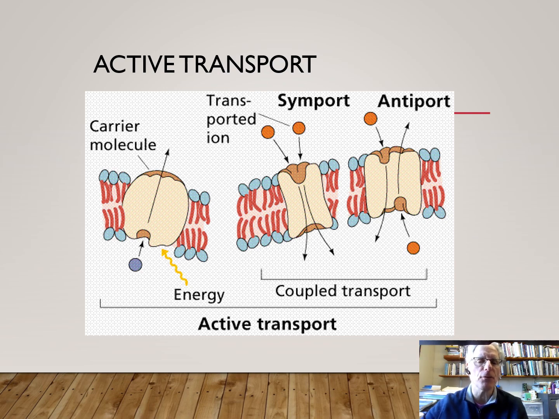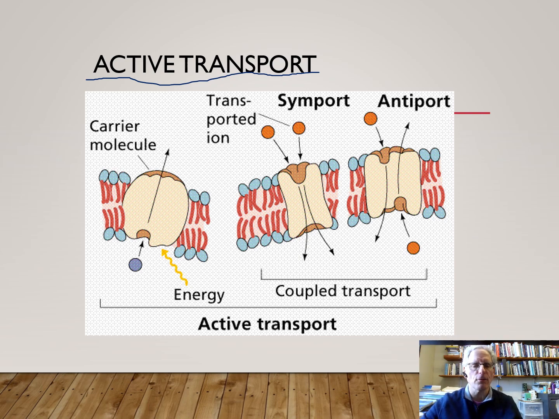If cells have to give up energy to bring something into the cell, that's called active transport. If the cell does not have to give up energy, that's called passive diffusion. Or in some cases, passive transport, because cells can take up some small molecules by something that does require a carrier. That's called facilitated diffusion. But shown here, if cells have to output energy to get it, that's active transport. There's 2 types of active transport.